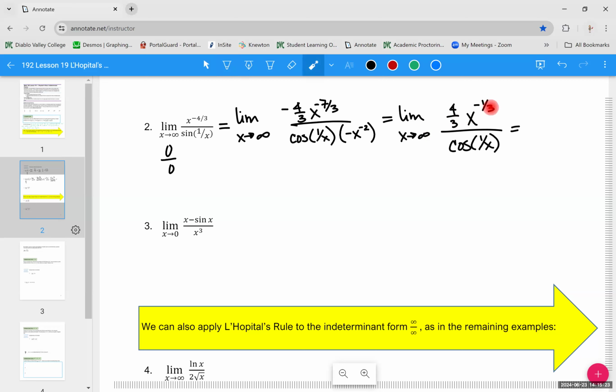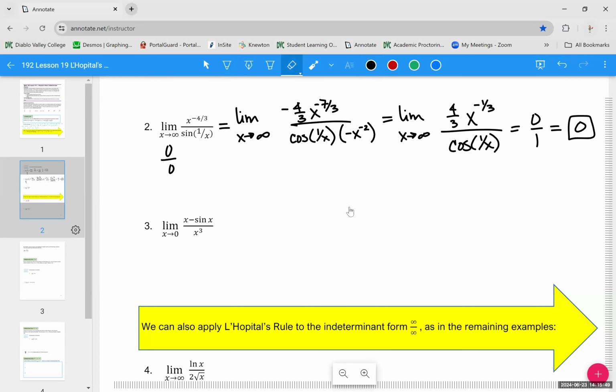If I'm approaching infinity on the top, this is still x to a negative power, so this part is going to go to 0. That would make this whole thing go to 0. And if I apply the infinity on the bottom, 1 over infinity is going to go to 0, and cosine of 0 is 1, not 0. So this comes out to 0 over 1, which is in fact 0.